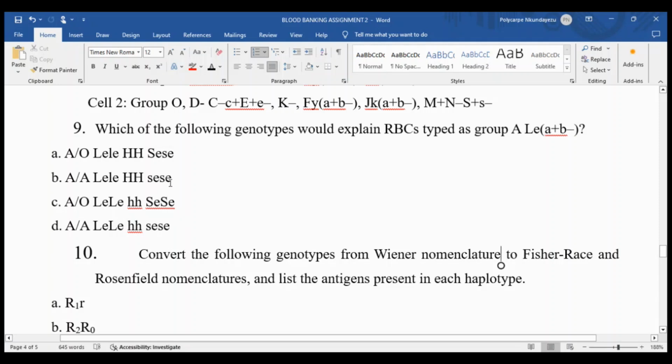Yeah, non-secretor. So why is it not homozygous? Non-secretor. So why is it not D? D is also non-secretor.